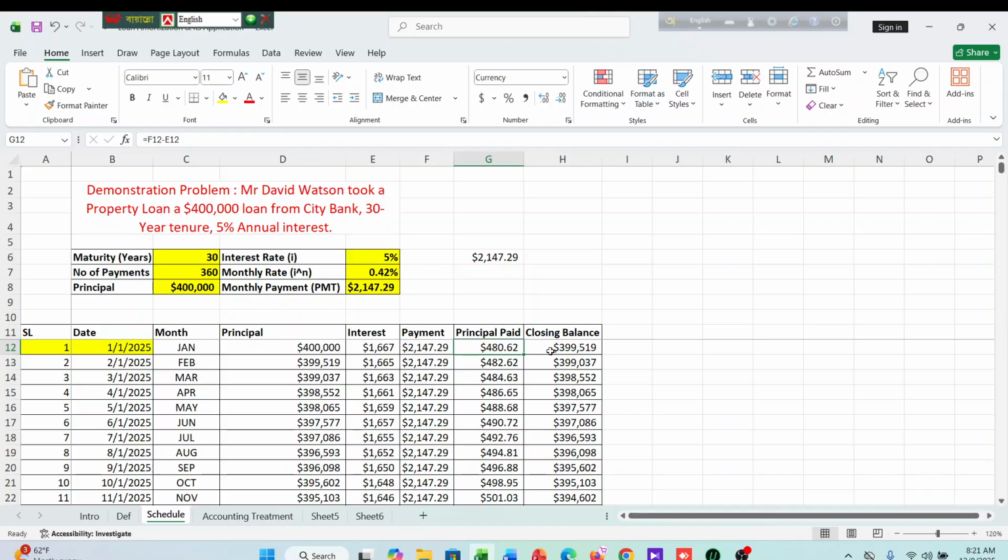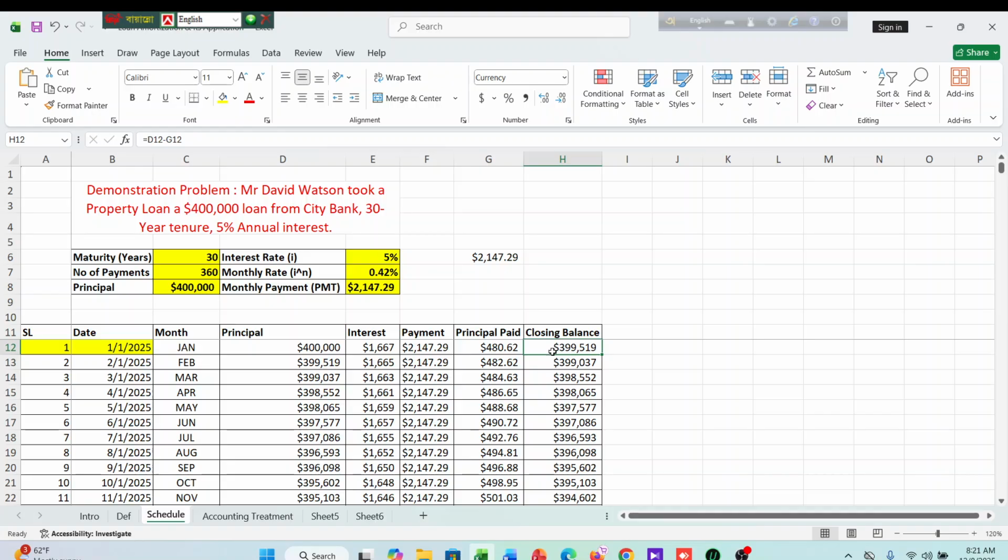To get the closing balance, from the principal amount we deducted the principal we paid, and that gives the closing balance, which we have already calculated.